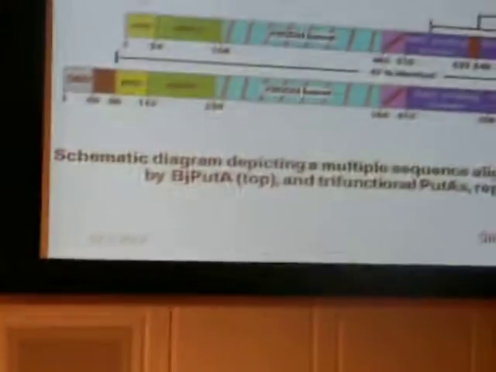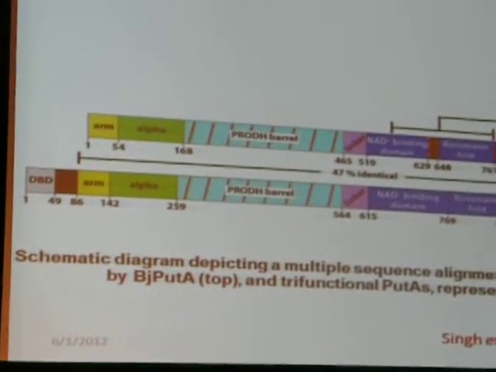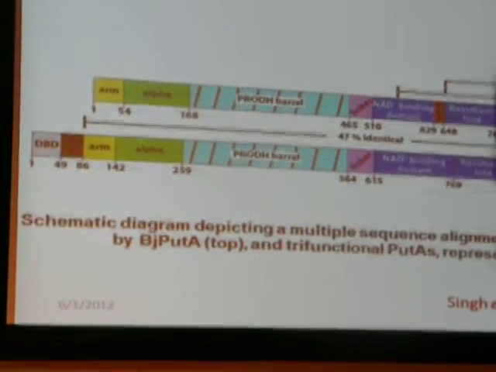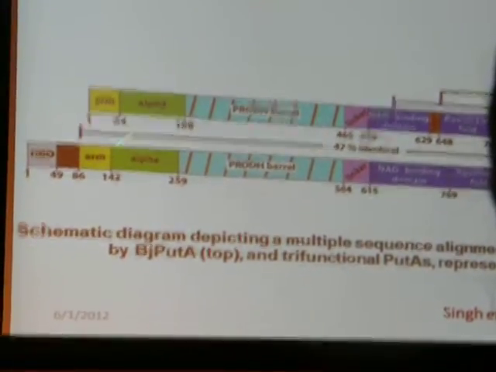In this slide, let me give you the key differences between the bifunctional and the trifunctional PutA. This diagram shows the color-coded sequence alignment for the bifunctional as well as the trifunctional PutA.